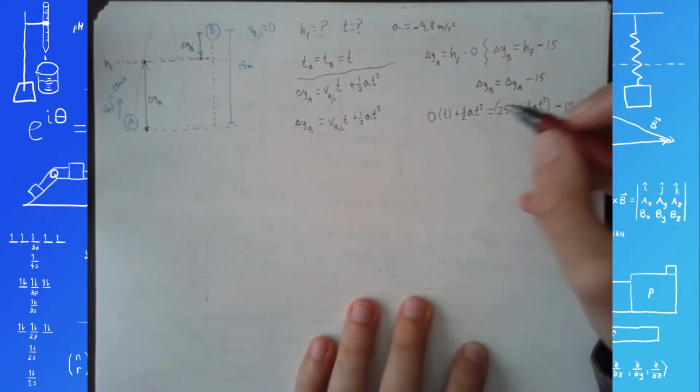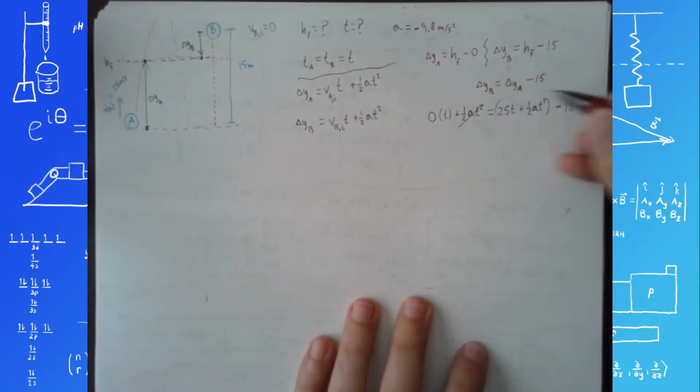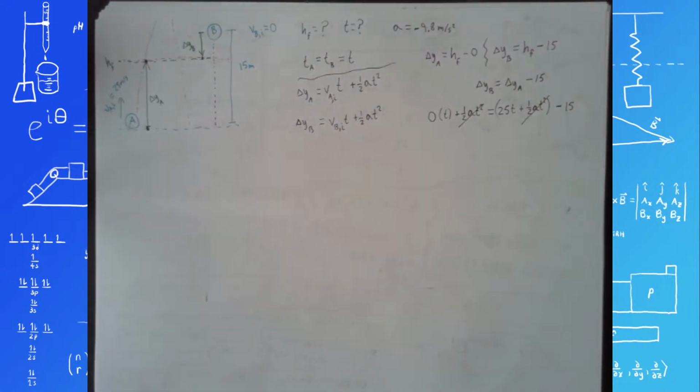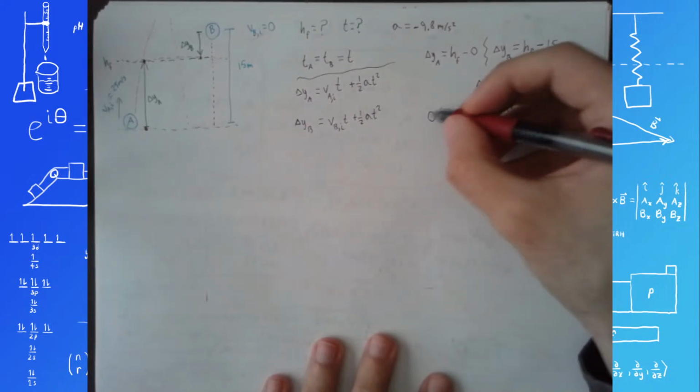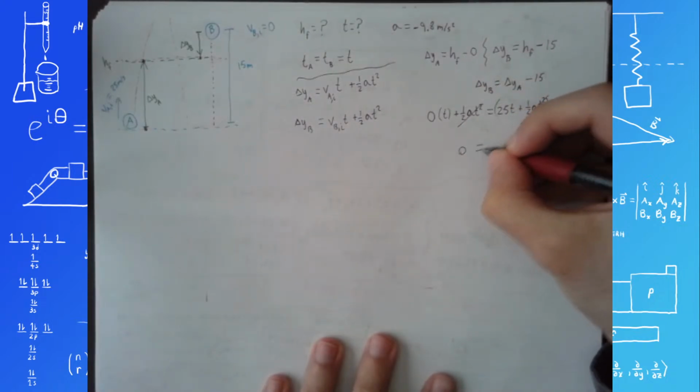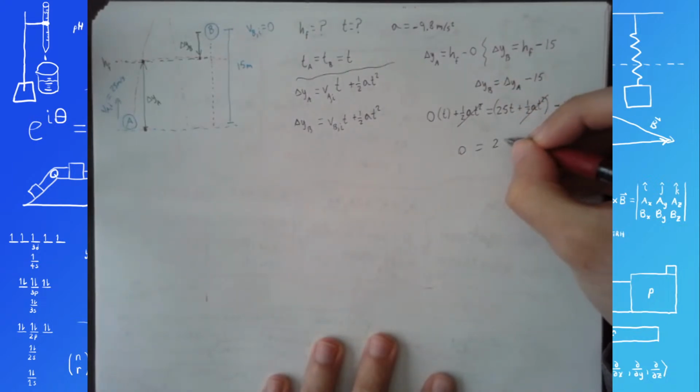Now, the interesting thing here is that the 1/2 AT squared cancels on both sides. That's why I didn't even bother writing in the negative 9.8. It cancels out. So that leaves us with 0 on the left-hand side equals 25T minus 15.